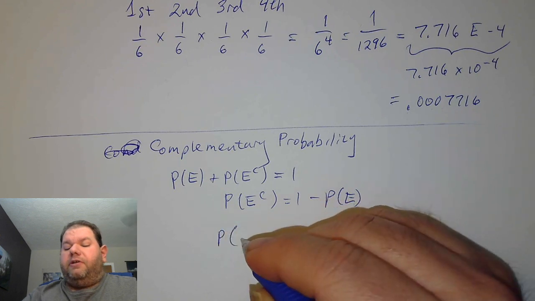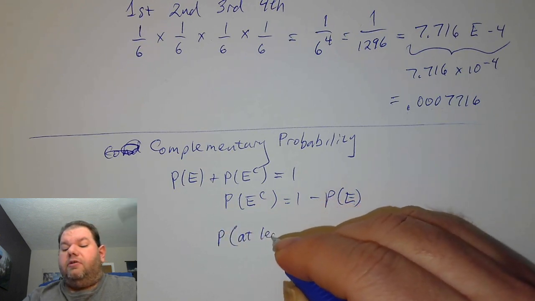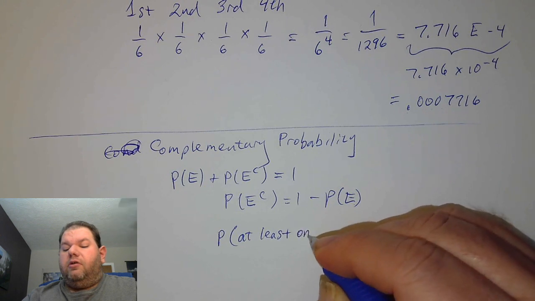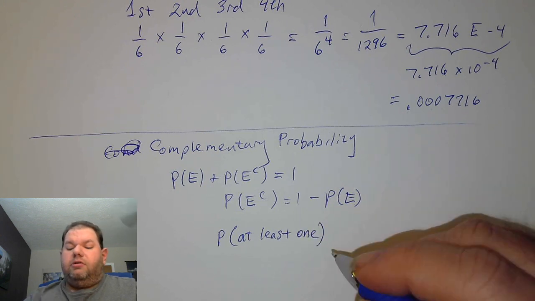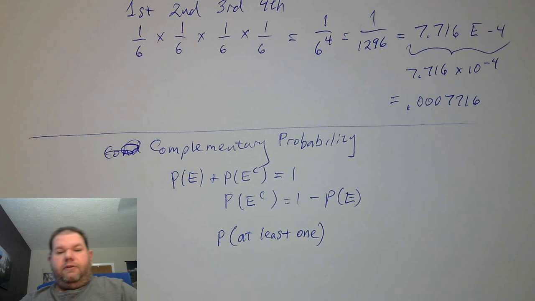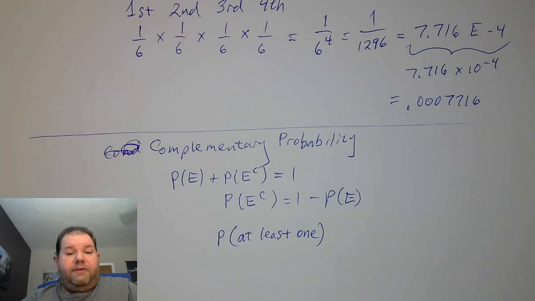If we want the probability that at least one of something happens, like if we roll a die 5 times, then at least one of the numbers is a 6. That means one number could be 6, two numbers could be 6, 3, 4, or 5. And calculating those as they are, we have to do each one individually and add them all together. And it's a really complicated process.